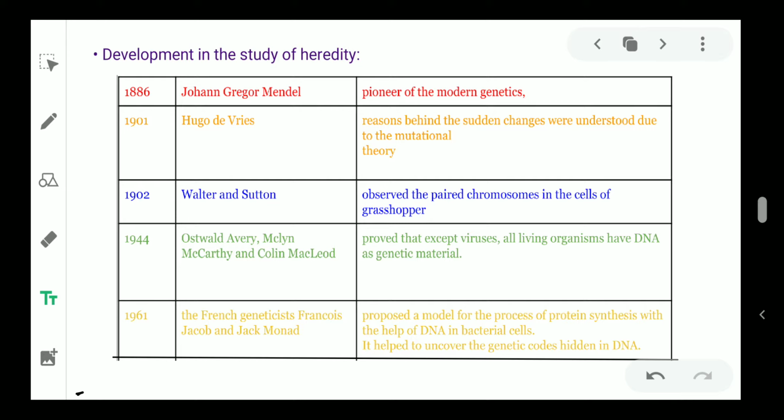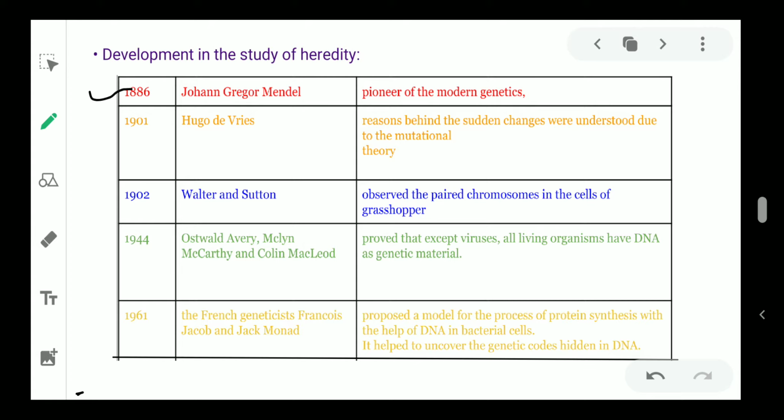So he was the pioneer of heredity. According to him, there are certain traits which are carried on to the next generation. This was done in 1886. Okay.